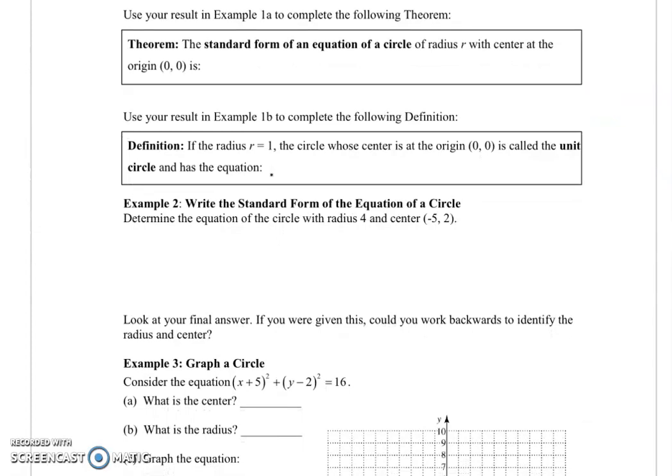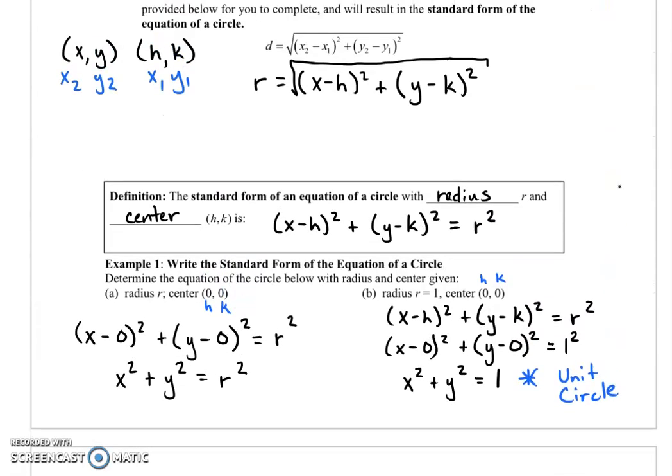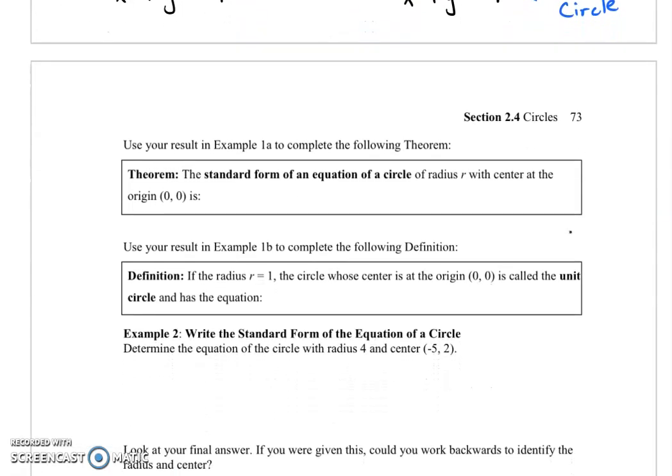So moving on, this is what we call the standard form of the equation of the circle. The standard form with its center at the origin is just x squared plus y squared equals r squared.